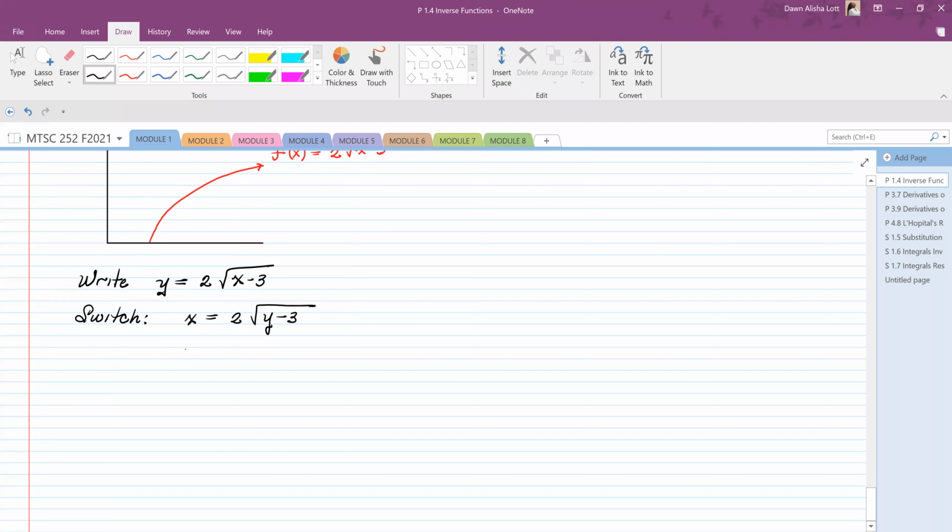So I get x over 2 is the square root of y minus 3, and I'm going to square both sides. So now I'm going to get x squared over 4 is y minus 3, and that tells me that y is equal to x squared over 4 minus 3. Last step, rename.